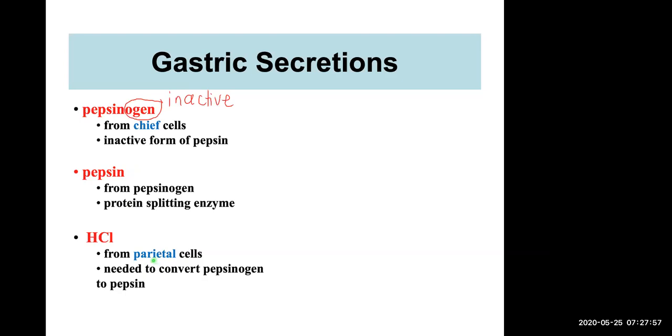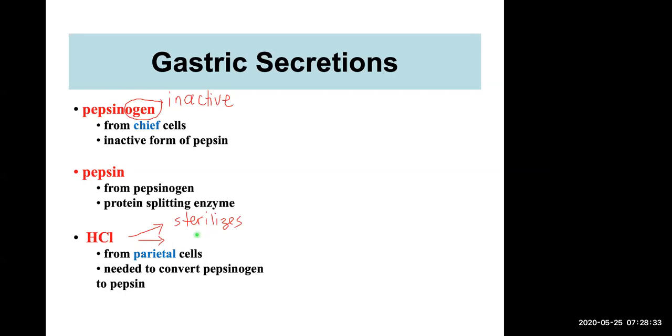So hydrochloric acid is produced by the parietal cells. And in addition to converting pepsinogen into pepsin, it does several other things. Hydrochloric acid sterilizes our food. Okay, so sterilizing includes things like destroying bacteria. Okay, in an extremely acidic environment, most of our bacterial species will not survive that low pH.